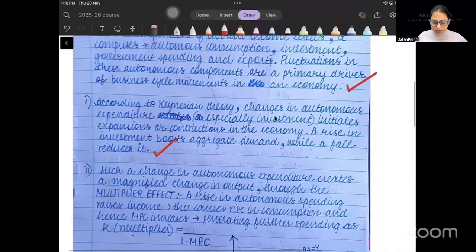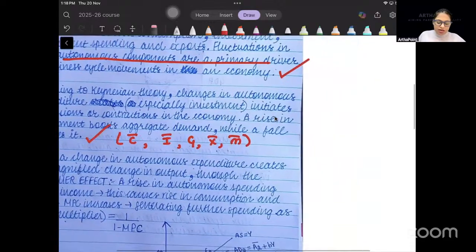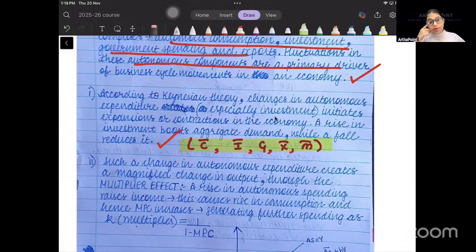You remember that autonomous consumption is C bar, autonomous investment is I bar, G bar, X bar, M bar. Wherever you mention these components, mention their symbols in brackets as well. This will help us use these symbols later on, right?